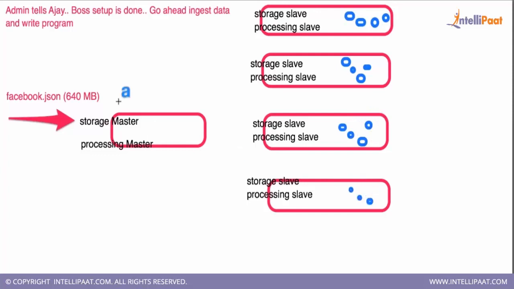Let me write the calculations. I'm sure you already know about it because you did a session yesterday. So 128 MB is each block, and 3 is the replication factor. Now the data is already broken up, and the storage master actually just has the metadata.